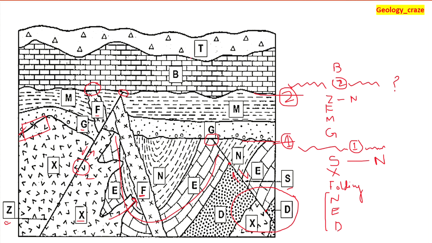From that we can say there is an erosion took place, but we are unable to say that because here we have an intrusion, and that intrusion is going up. Here we can say that there is a conformity because this plane is not that smooth. After the B there is a conformity.